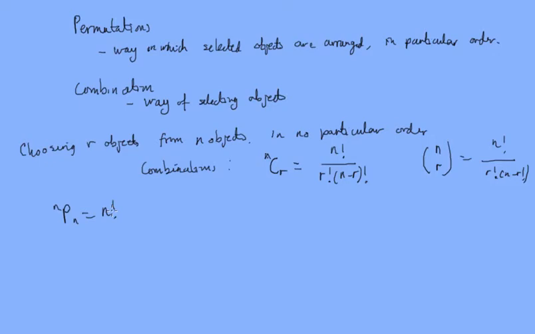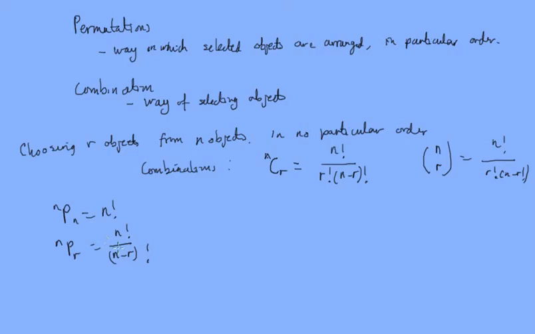And we also found out that if we choose only R of them, we have NPR, which is N factorial over N minus R factorial.